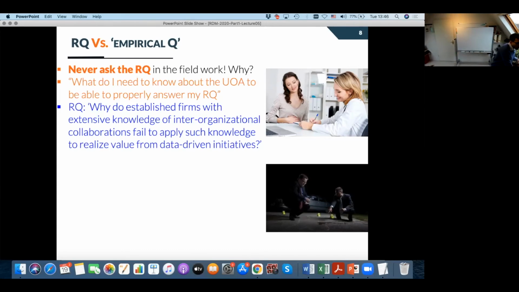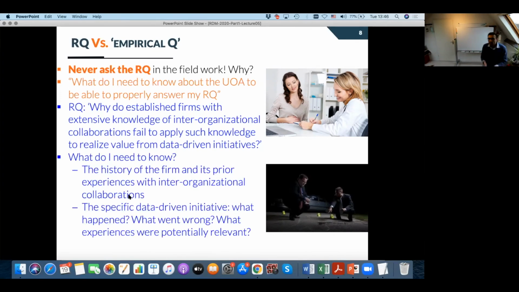But then if you want to translate it into empirical questions, these are examples of the empirical questions we need to ask. You go to a particular organization, your monkey in the jungle, then you find your monkey, which is one particular inter-organizational collaboration. You go to the people who are informed about that or have been involved in that particular collaboration.